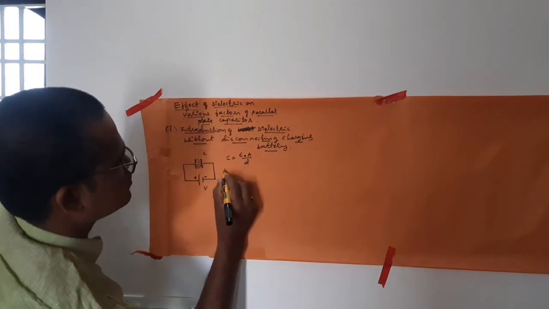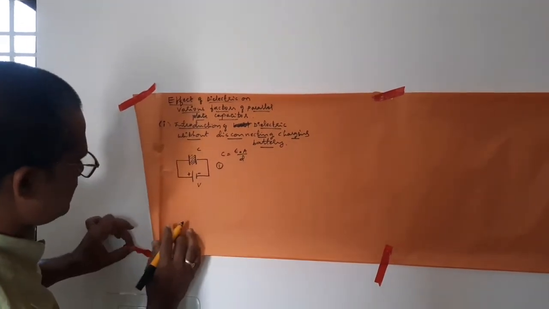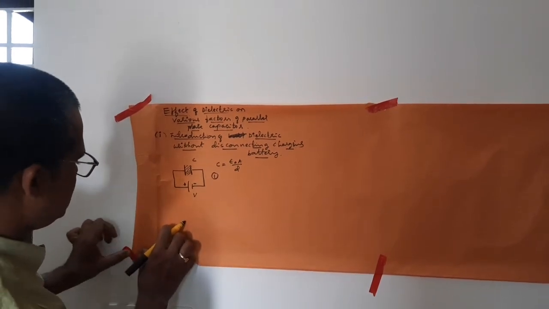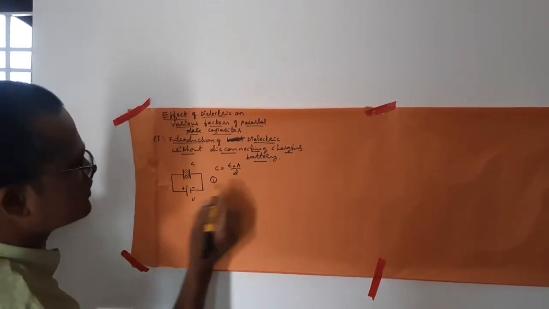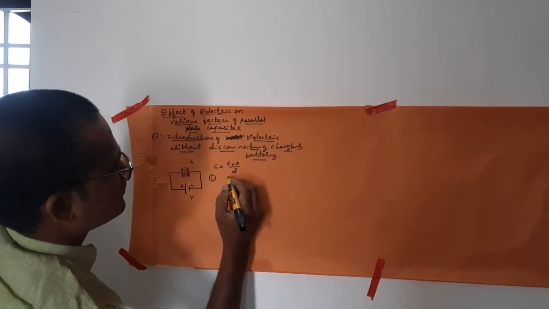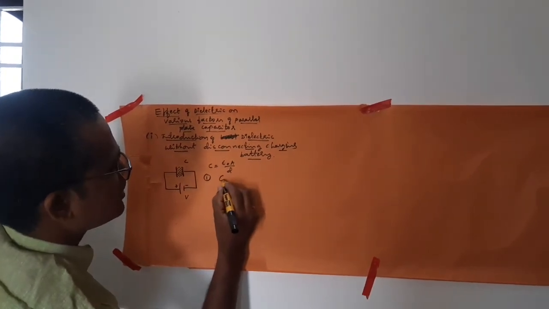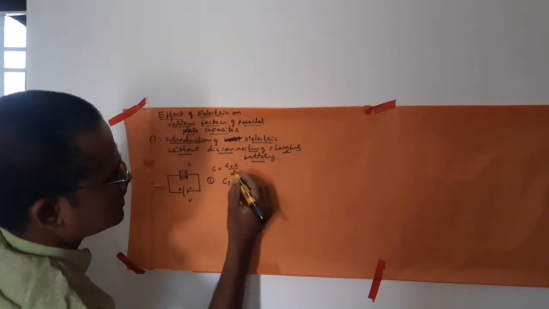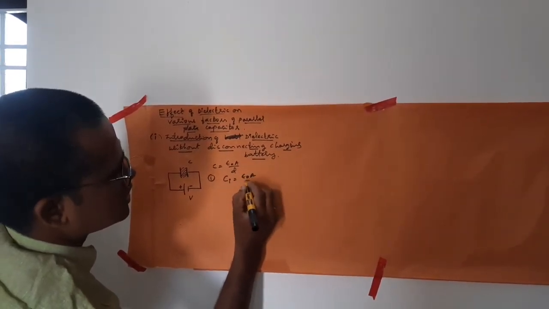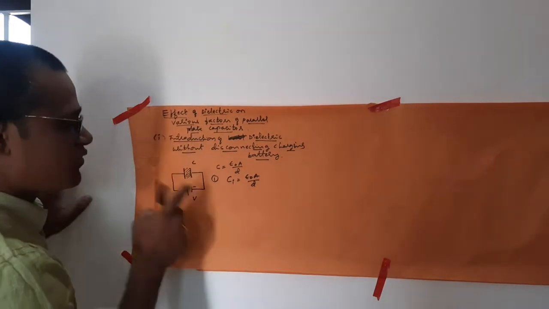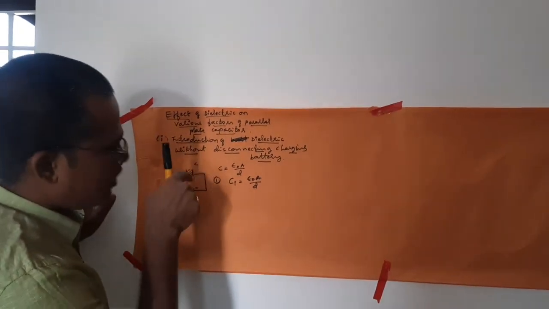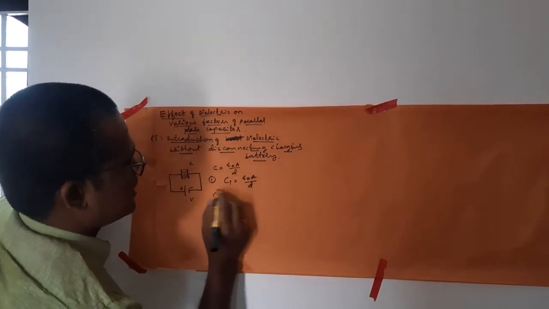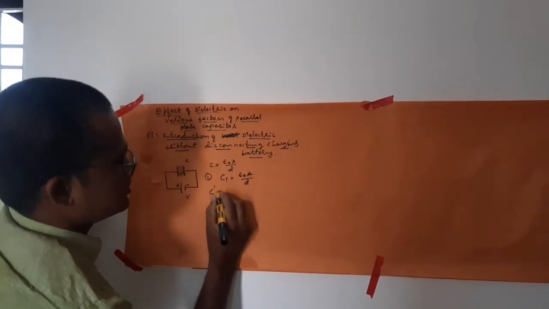First let me take capacity. What will happen to its capacity? Effect on capacitor. Before, the initial capacity, let me call it Ci. It will be epsilon naught A by D. After putting the dielectric, let this be C dash.